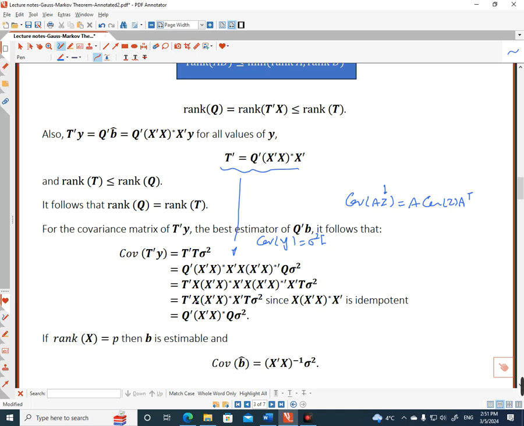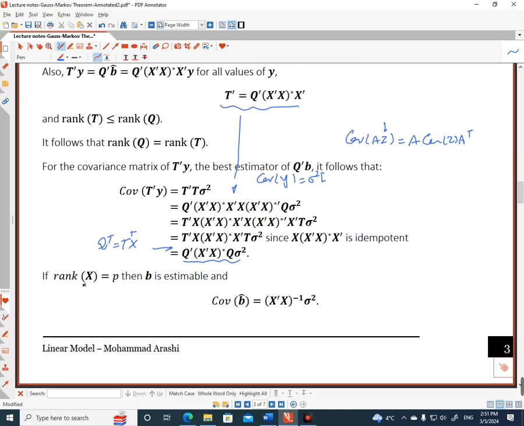And then once again, writing T prime X based on Q prime, it is equal to Q prime. Here for this I'm using Q prime equal to T prime X. And you can find the covariance of T prime Y by this formula.